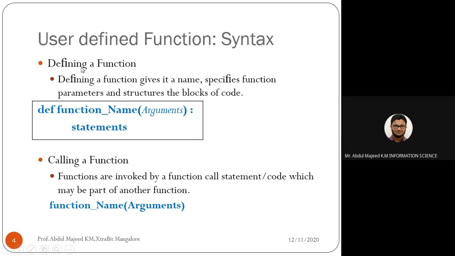So how to define a function? First we use the def keyword followed by a valid function name, followed by parentheses. Within that we can write any number of arguments, followed by a colon. Then with proper indentation you write the body of the function. From def to the colon is known as the function header, and the statements are the function body.